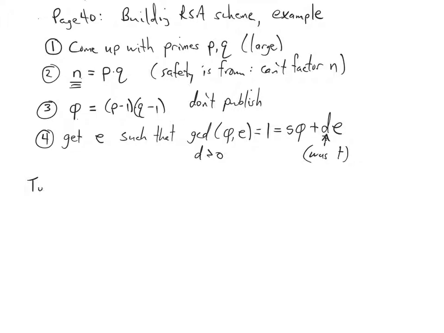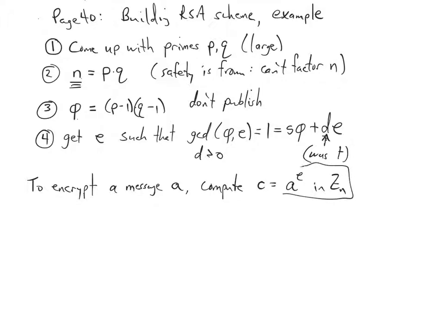So to encrypt a message A, we compute a number C, which is equal to A to the E in Z sub n.